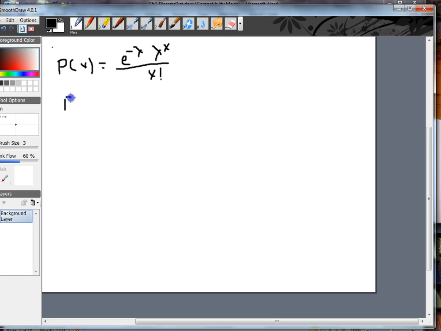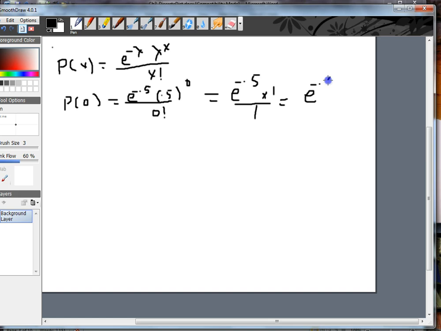Now I want the probability of 0, so that's going to be e to the minus lambda, which is a half, raised to power 0 over 0 factorial. We know that 0.5 raised to power 0 is 1, and 0 factorial is 1, so that's really nothing but e to the minus 0.5. Okay, so that's what we have here.